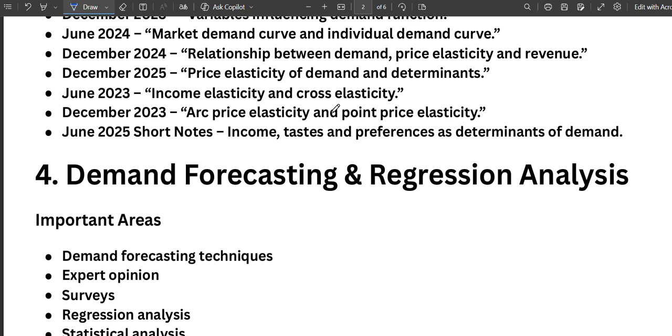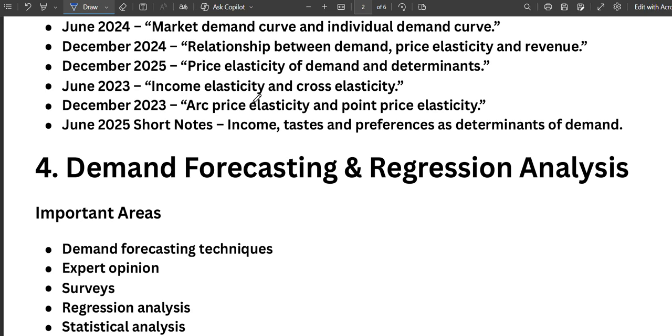Then price elasticity of demand and determinants, income elasticity and cross elasticity, arc price elasticity, and point price elasticity. IGNOU asks short note questions where they give maybe 6 or 7 points and ask us to write short notes on maybe 3 or 4 of them. It includes income, taste, and preference as some determinants of demand.